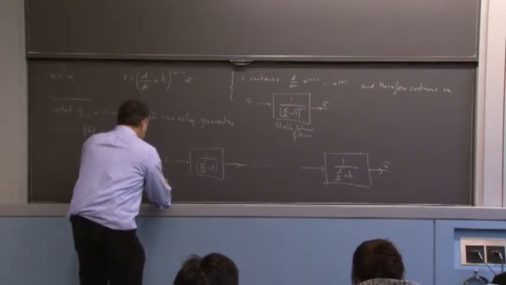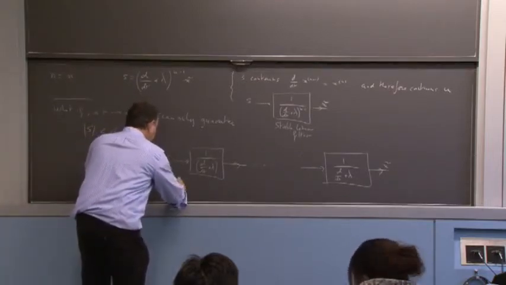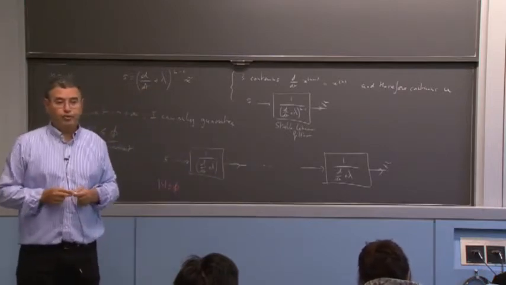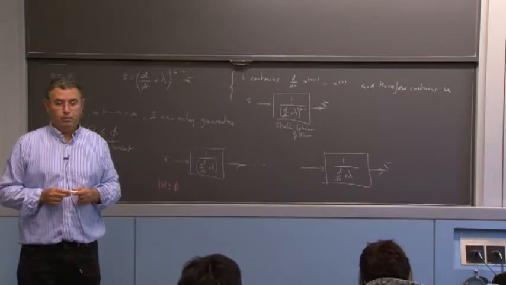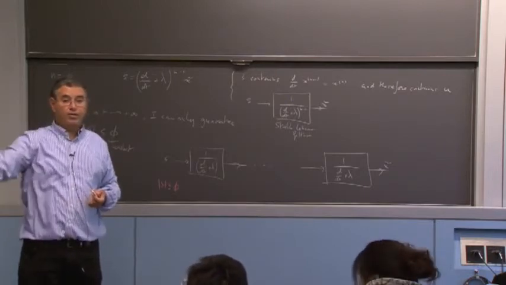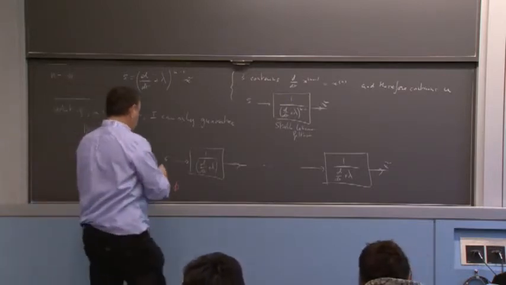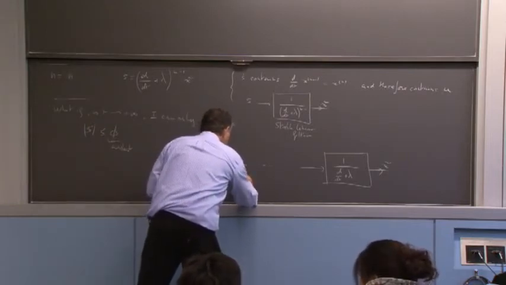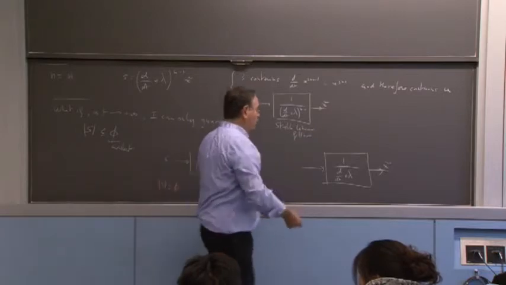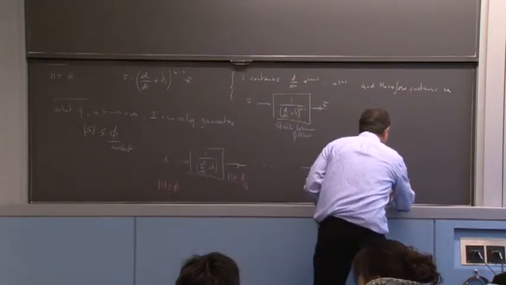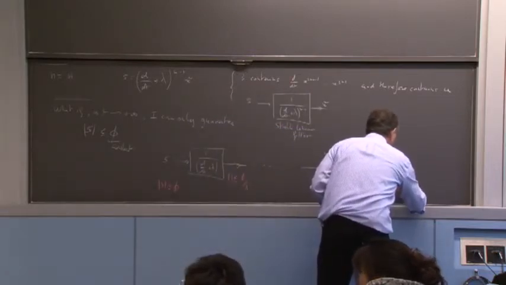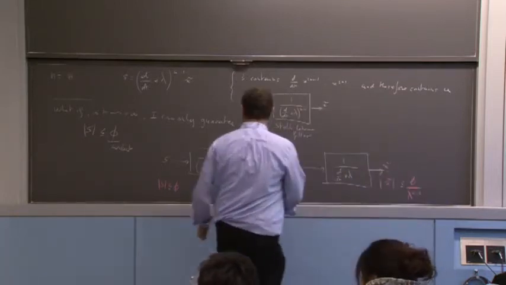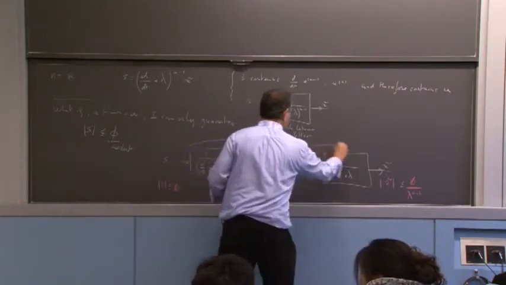So suppose that indeed s is less than phi. How can we bound this term after transients? It would be exactly the same calculation, so it would be less than phi over lambda, and so on. So at the end, the absolute value of x tilde after transients is less than phi over lambda to the n minus 1, because we have n minus 1 filters.